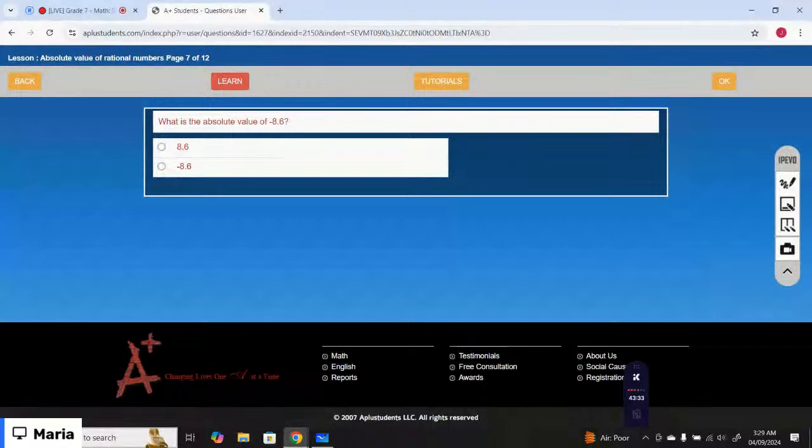What is the absolute value of 9.6? Which is the correct option? The correct option is option number 1, 9.6 it is.